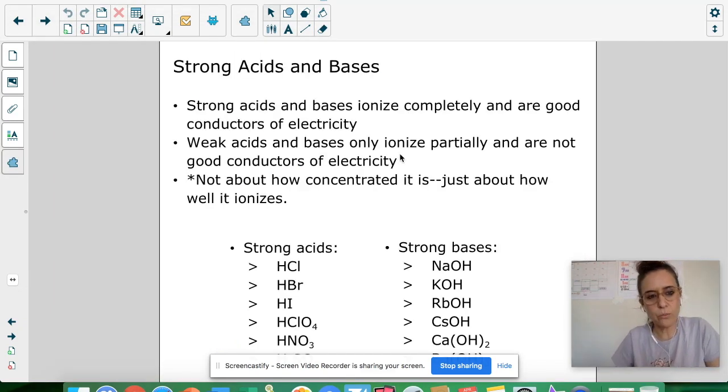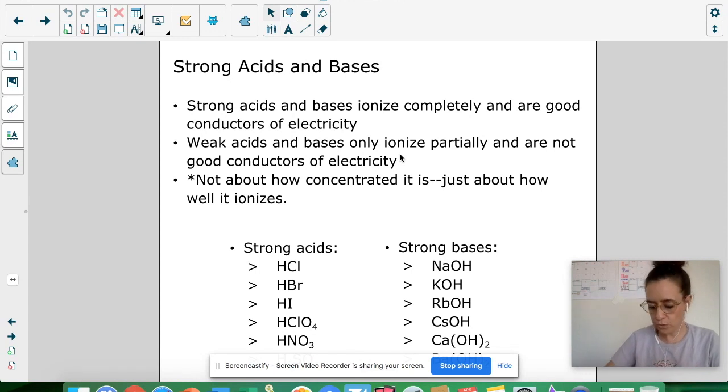So now we're going to learn what an acid that is strong is and what a base that is strong is. Because being strong as an acid or being strong as a base is not the same as having a lot of protons or a lot of hydroxides. It's about being very easy to break or dissociate when you dissolve it in water or not.